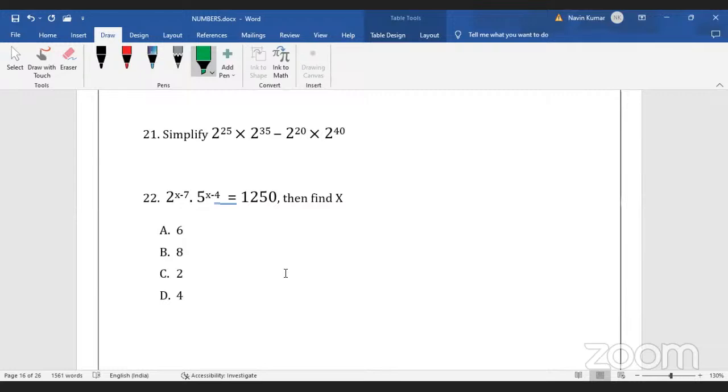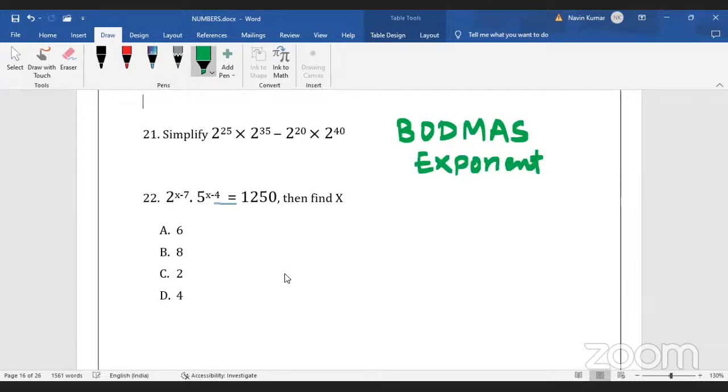Question number 21 is simple, but be careful, use BODMAS also. Use BODMAS plus exponents and powers. In this question, I'll give you the hint.